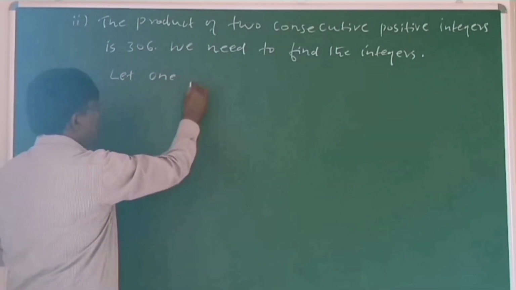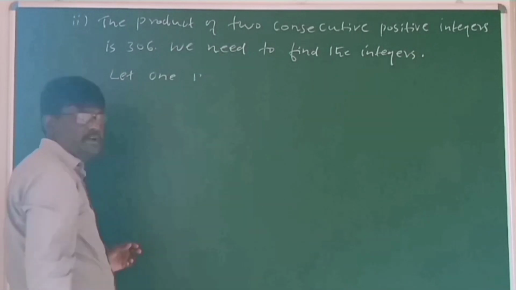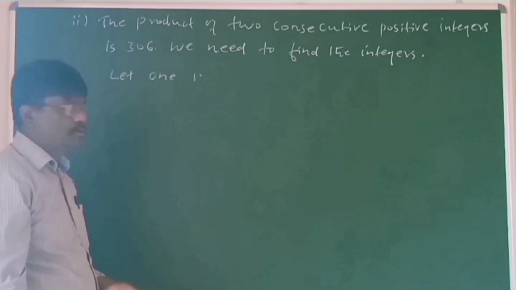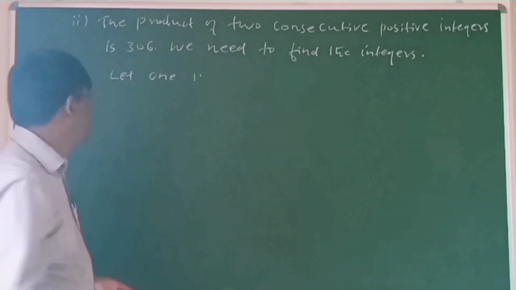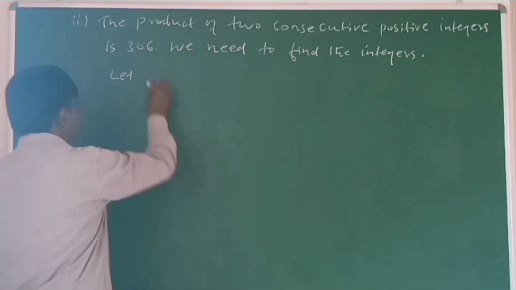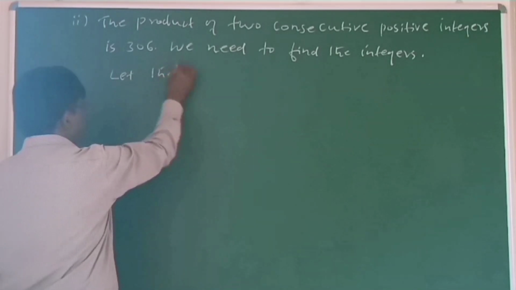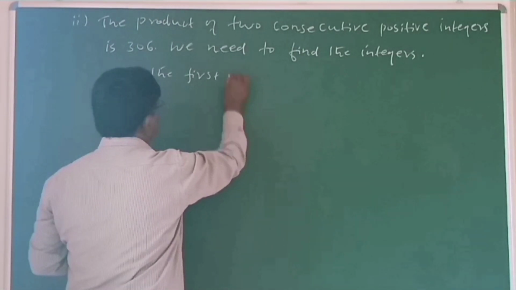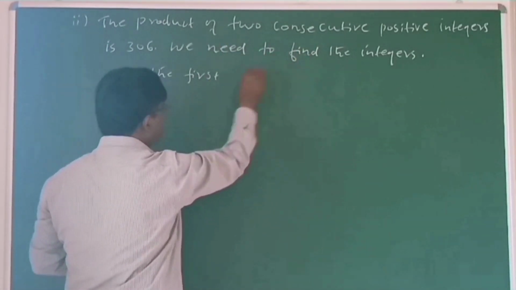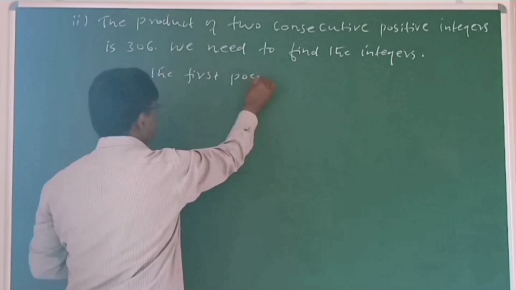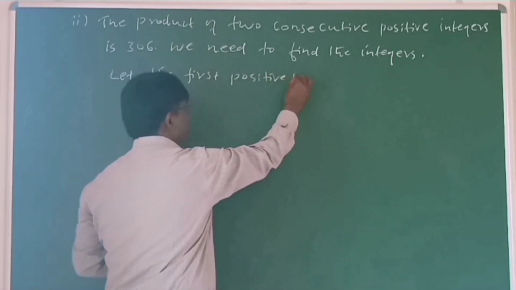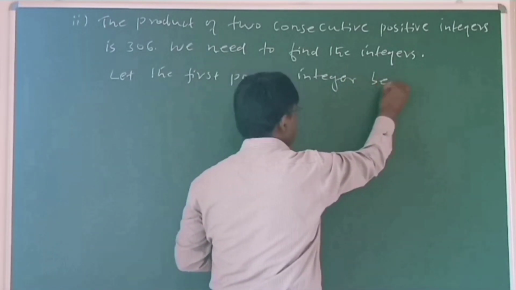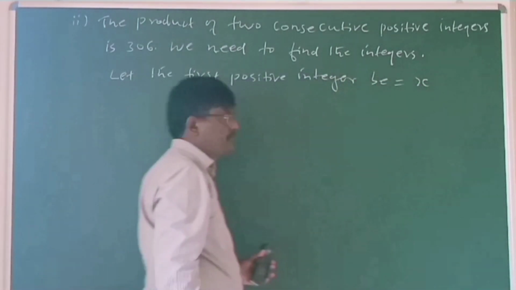Let one integer, or even we can say the first positive integer, any one. Okay, so instead of taking one, let us take like this. Let the first positive integer be equal to x.